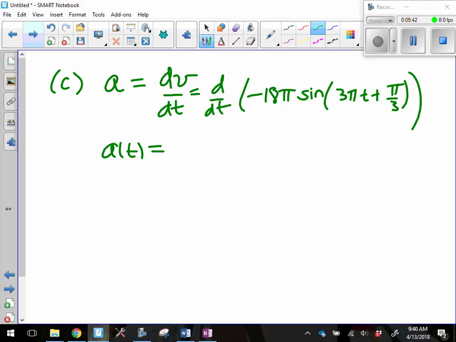So I have to take the derivative. Again, my negative 18 pi can just kind of hang out there. What's the derivative of sine? Cosine.